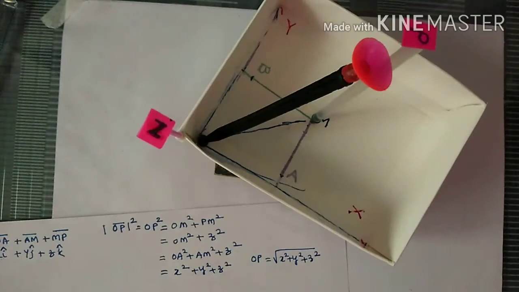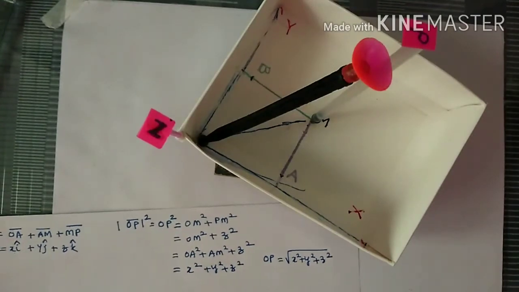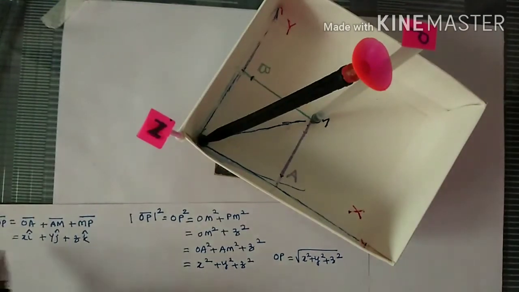So if the coordinates of P are known, we can find the position vector of P, which is x i plus y j plus z k, and the magnitude of OP bar is root of x square plus y square plus z square. That is, coefficient of i square plus coefficient of j square plus coefficient of k square. Add those and take the square root. That is the magnitude of OP bar.